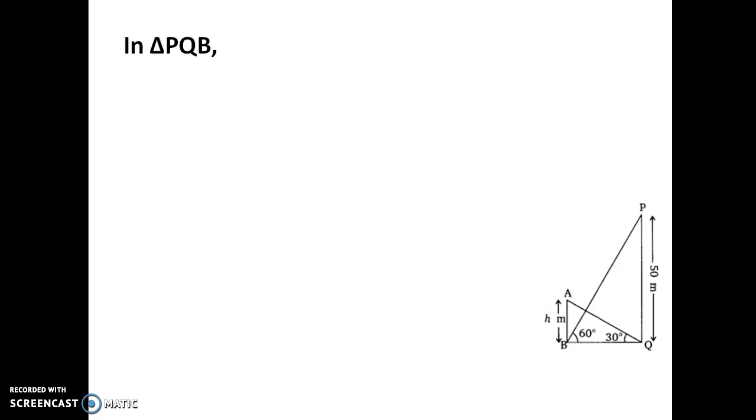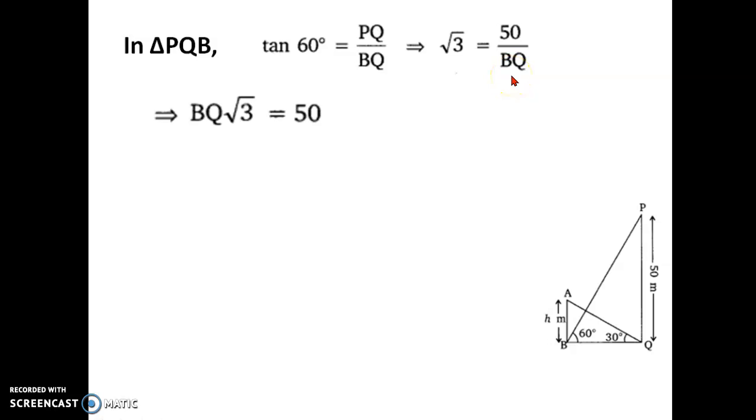Then take the other triangle, that is PQB. In that, tan 60. Okay, tan 60, you are having the angle of elevation. So opposite by adjacent, PQ by BQ, that is tan 60 is root 3. So PQ is 50 and BQ that we found out in the previous, no?